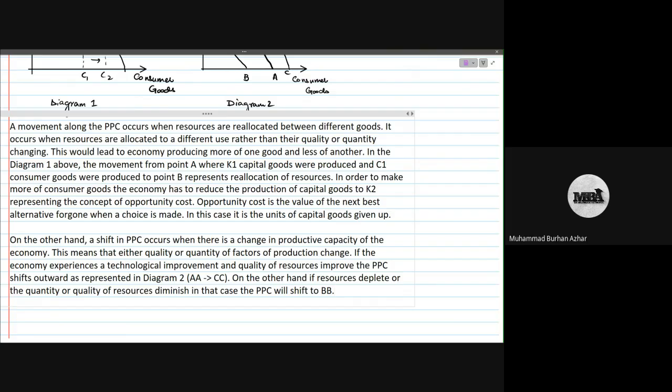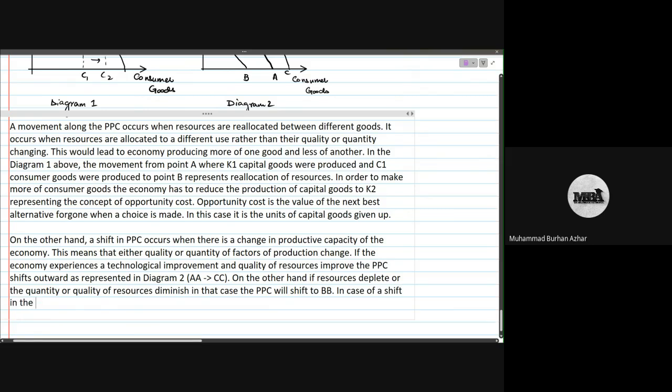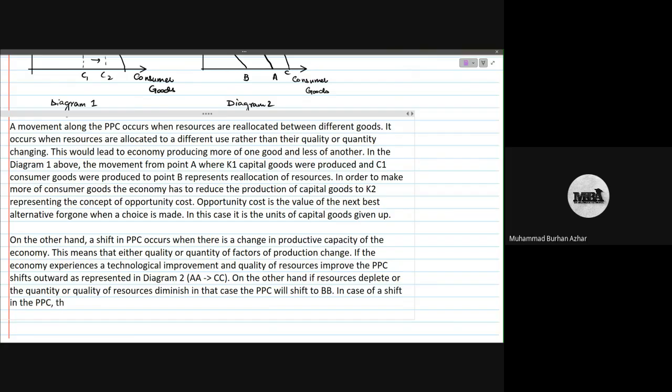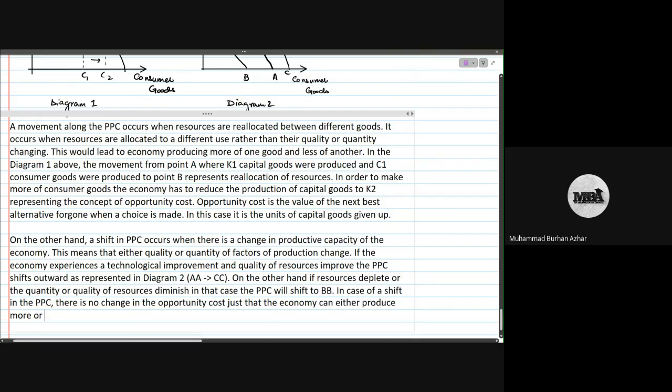So here, one thing to remember: in case of a shift in the PPC, there is no change in the opportunity cost. Just that the economy can either produce more or less of one good.